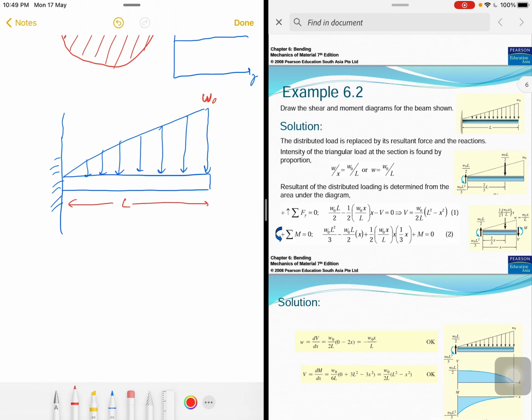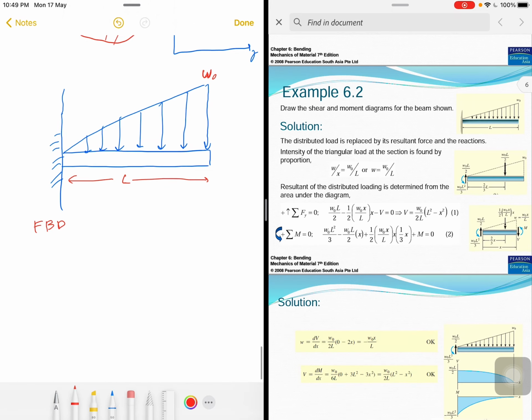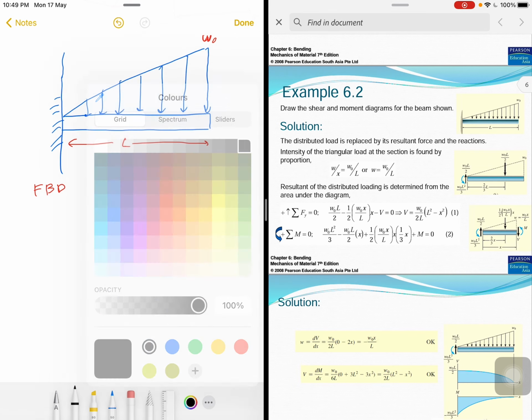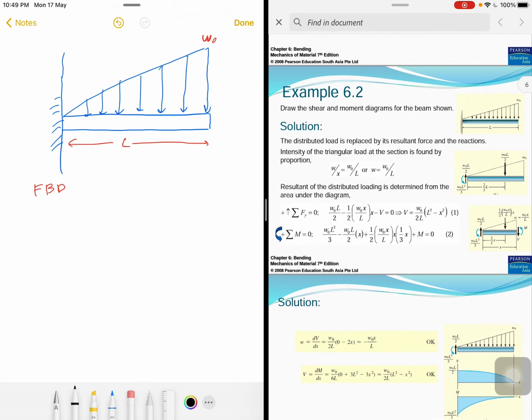Okay, so in this case we will need to examine the free body diagram, FBD. Okay, so we can draw the beam, and then the triangular distributed load, we can represent it with one single load.